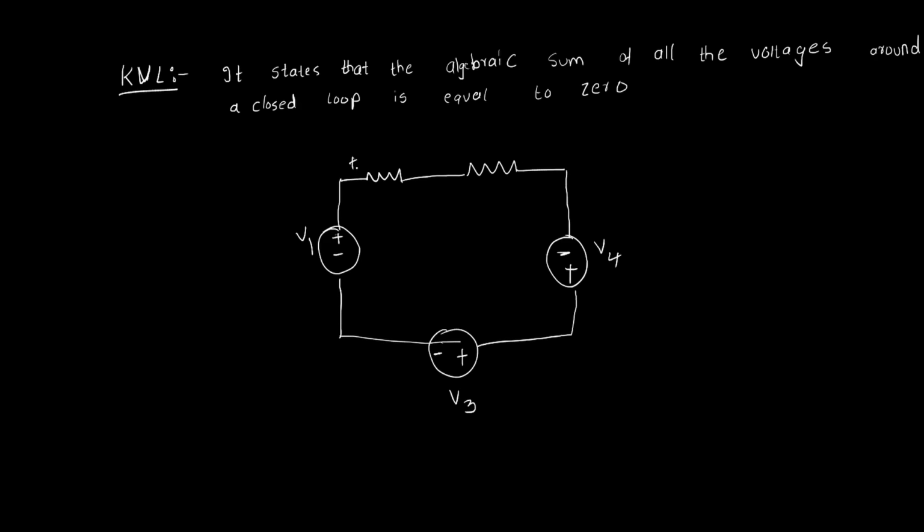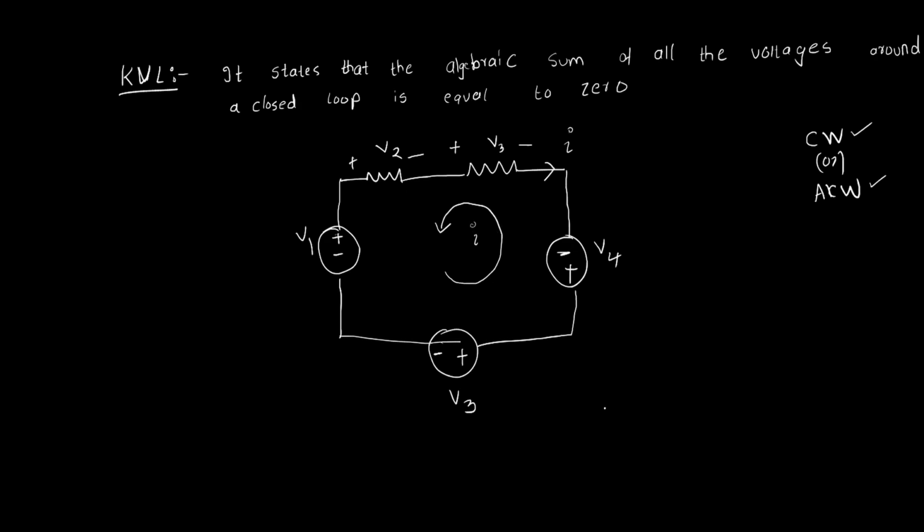So let us consider it as V2, and let us consider this voltage as V3. In Kirchhoff's voltage law, we can consider the direction of our iteration as clockwise or anti-clockwise. In this case, we can consider either. Here we will consider the iteration in the anti-clockwise direction, and let the current through this circuit be I.